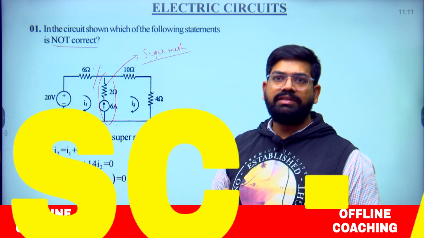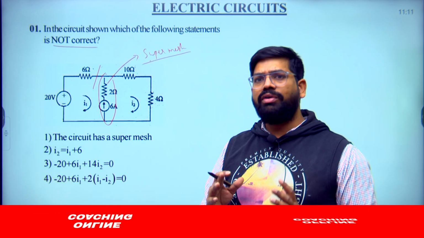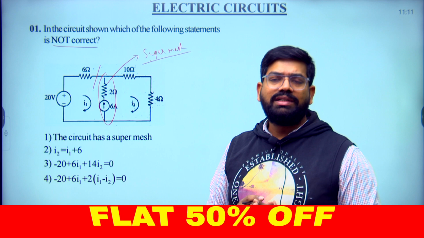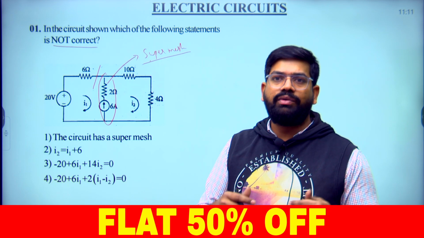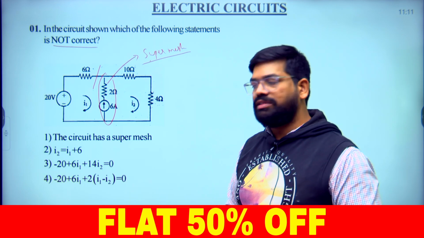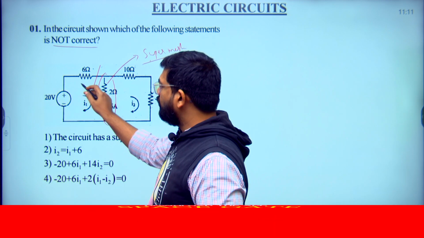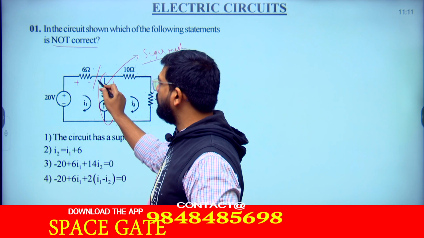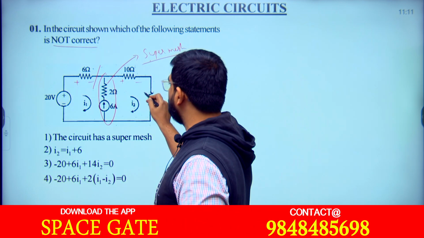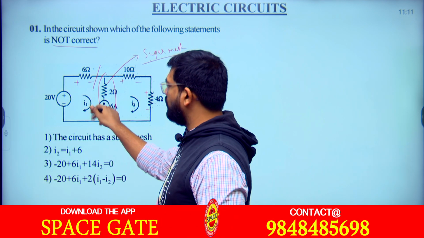Suppose you are trying to solve this circuit by normal mesh analysis. In the general case, we write the KVL here. When you write the KVL, this is the polarity for these resistances based on the current direction.